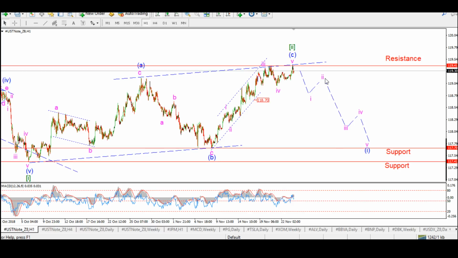So next week I'll be looking for further confirmation of a turn. We want to see a clear impulse pattern to the downside again in the 10-year.